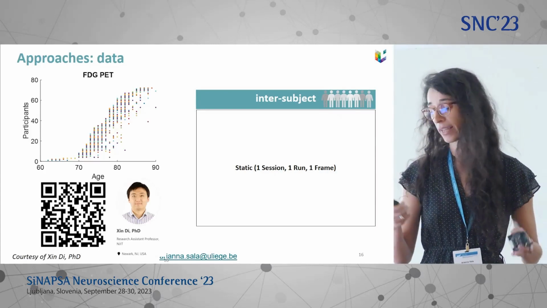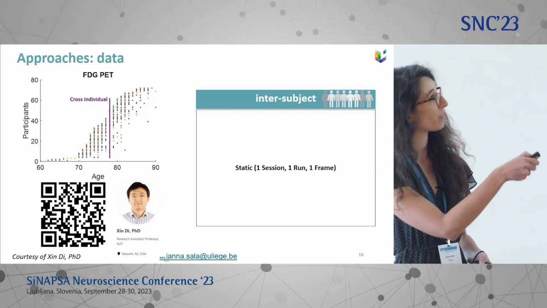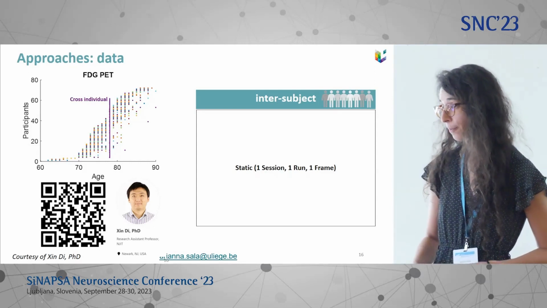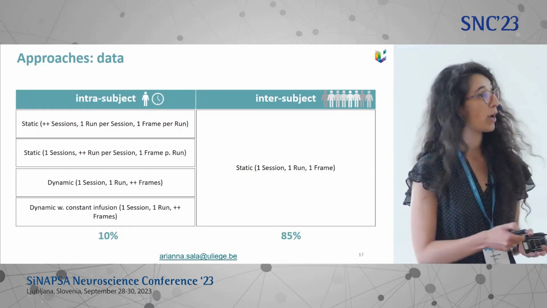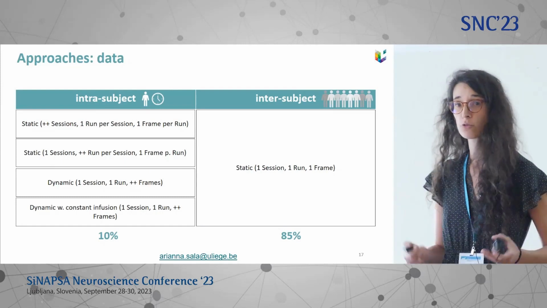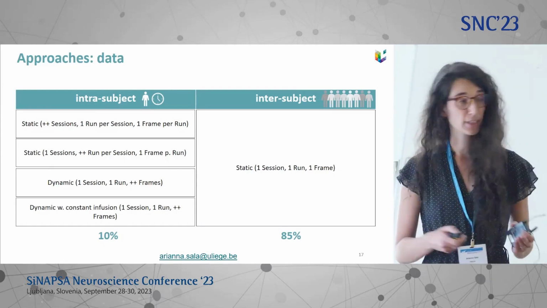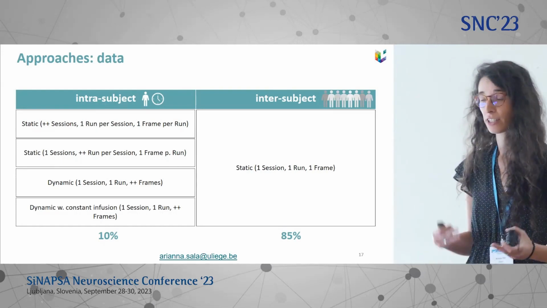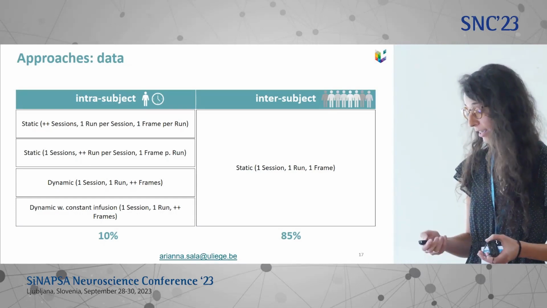And here you have many examples, like again, the study by Xin, which also assessed connectivity across individuals. So these are the two options that you have. This one has been much, much more common, so that's why you heard a lot also from Daniela about this kind of approach, but these also exist, and it seems that interest is going a bit towards the intra-subject assessments.